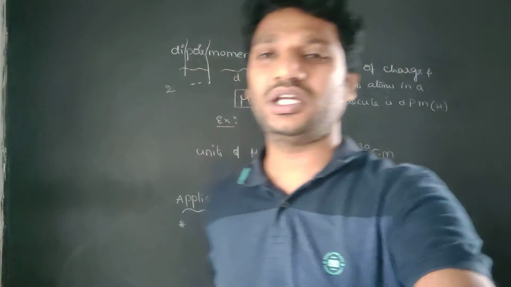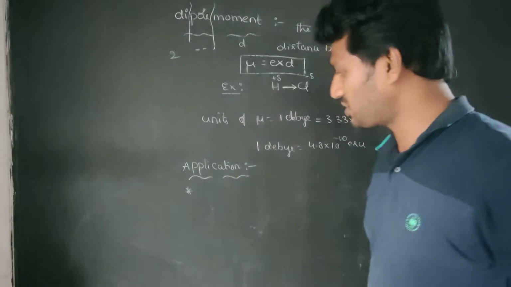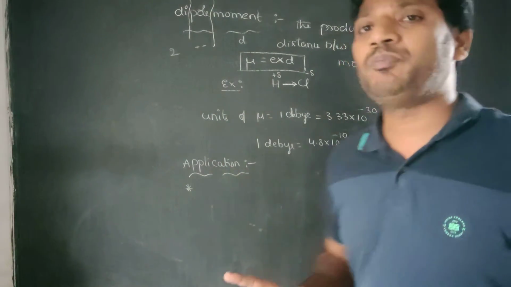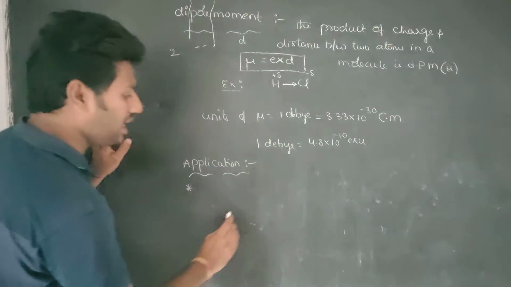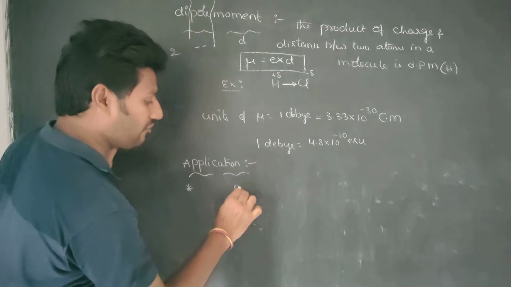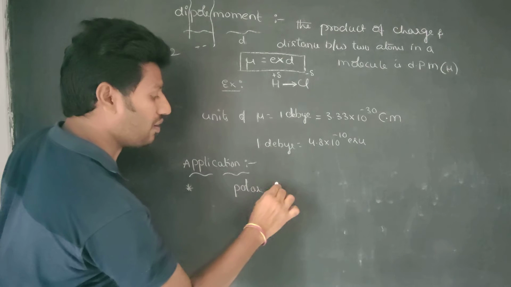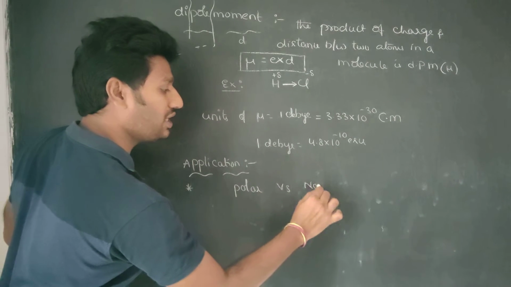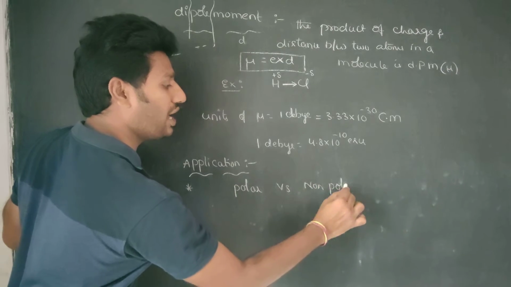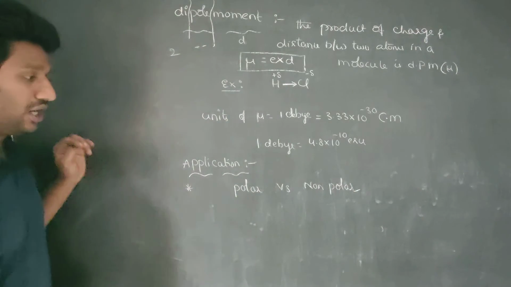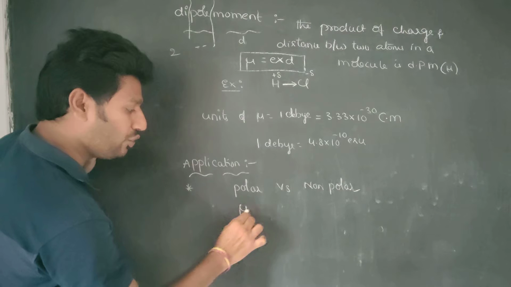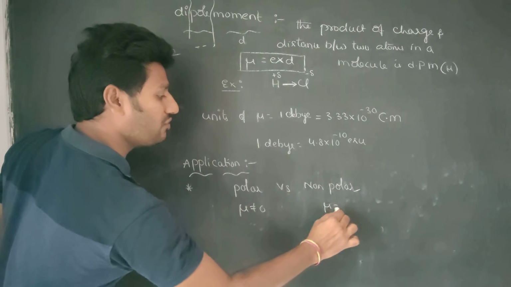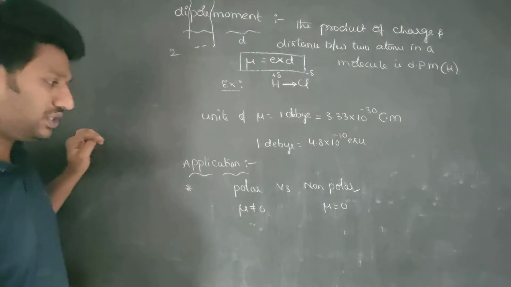The first one is that we mostly use it to explain whether a molecule is polar or non-polar. For polar, mu is not equal to 0, and for non-polar, mu is equal to 0.